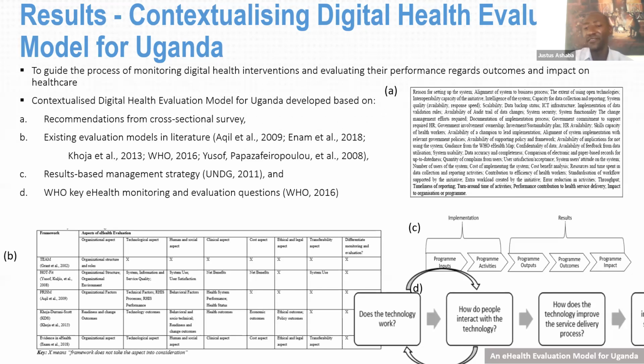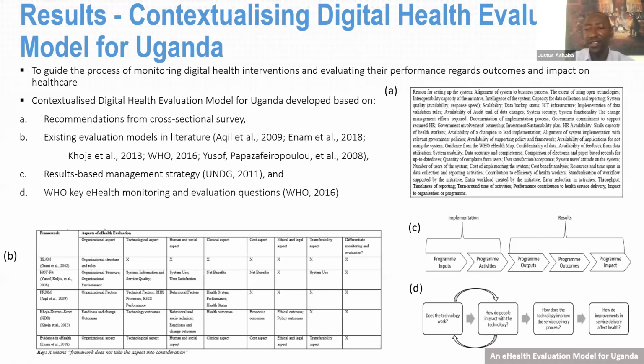And then, assuming everything was fine, it was working and people are using it well, we still have to question how that technology has improved service delivery and all other health indicators that we are looking at. And then, of course, later we also need to know how such improvements in service delivery have contributed to the health outcomes, which are like the end results. So looking at how the health of the people has improved.